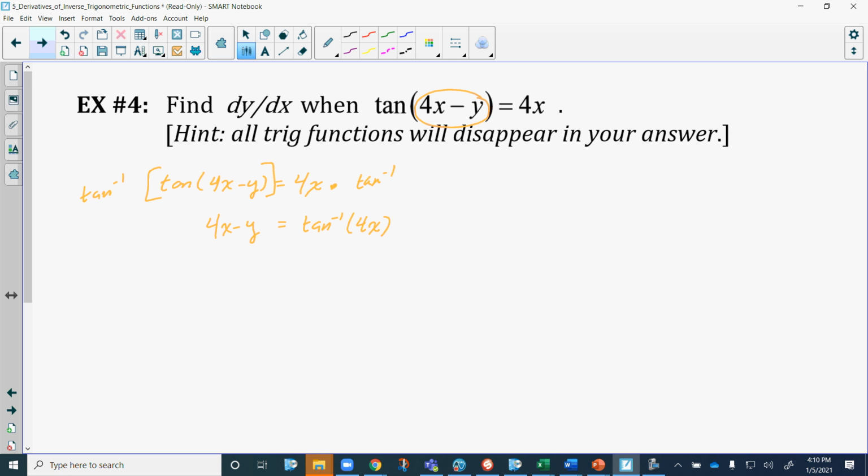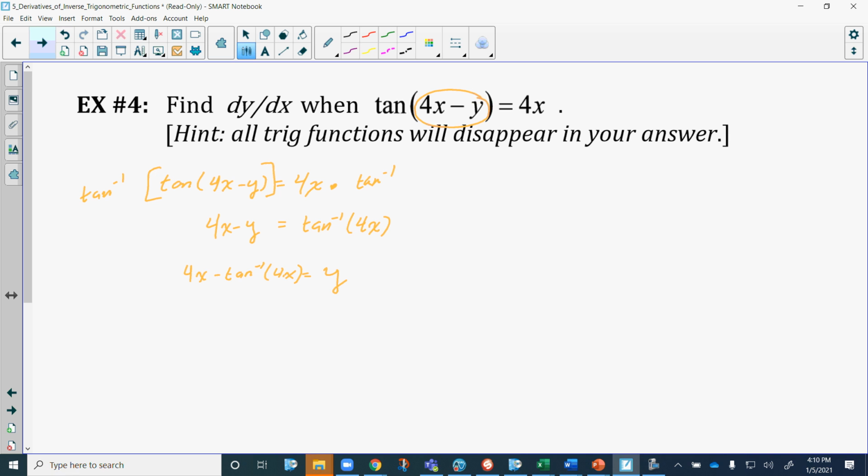So let's get y on one side of the equal sign by itself. So that'll give me 4x minus tan inverse of 4x to be equal to y. And now take the derivative.